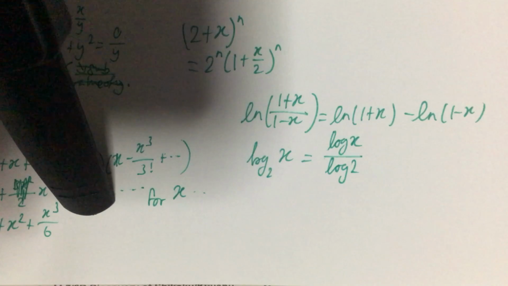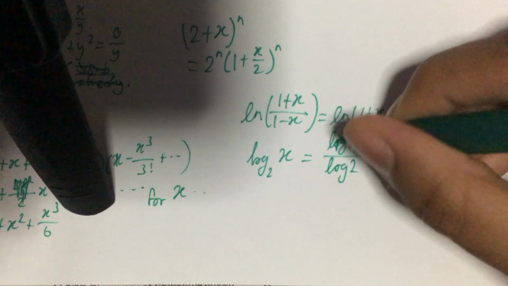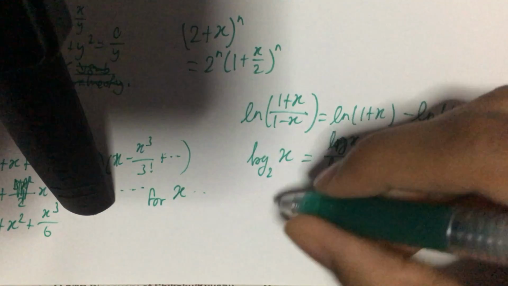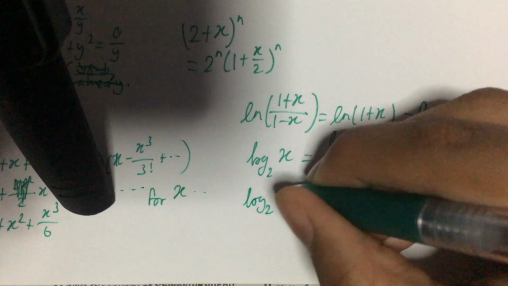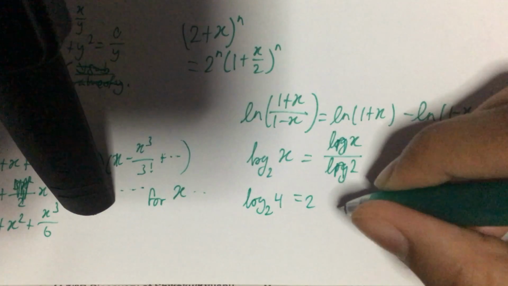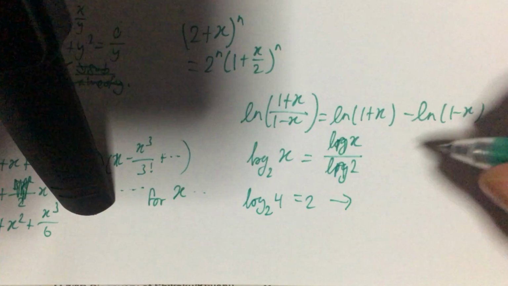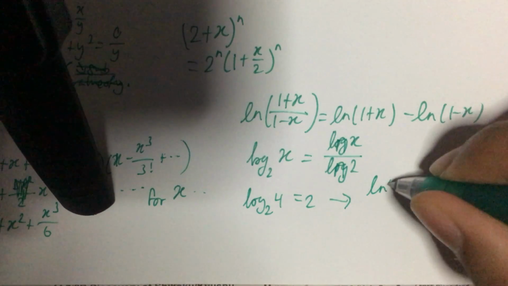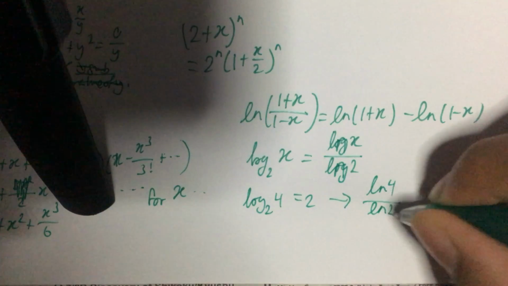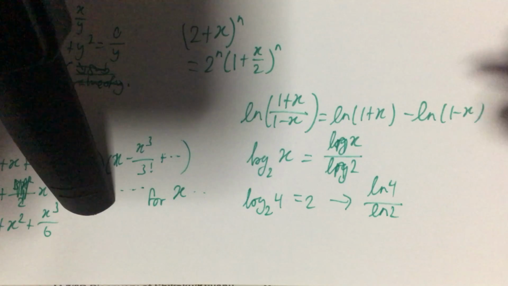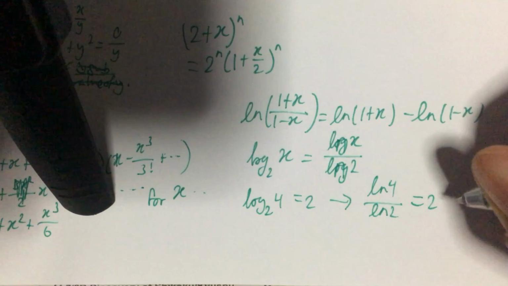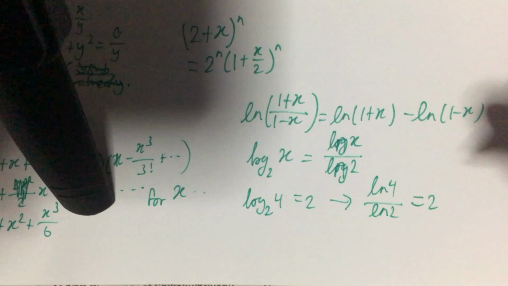So for example, log base 2 of 4 is equal to 2 of course. Well, it is 2. So log base 2 of 4 is equal to ln 4 over ln 2.